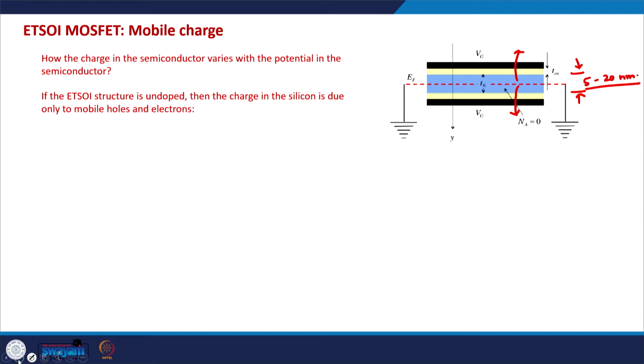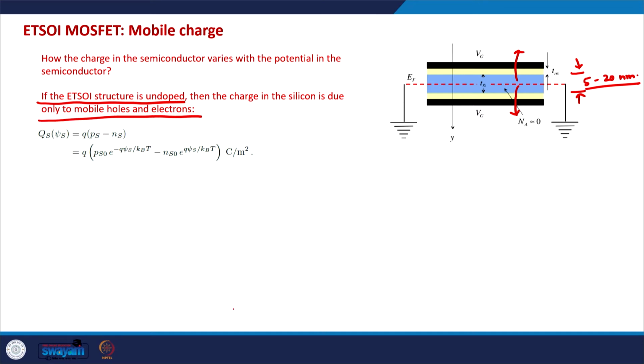If we try to understand the total charge in the semiconductor, and this ETSOI structure is undoped, then the depletion charge is extremely low, since no dopants are there, and the only charge that is there is because of the mobile holes and electrons. The depletion charge appears because of the uncompensated dopant atoms, and in this case the uncompensated dopant atoms are not there.